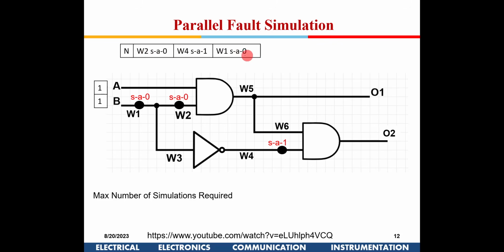This is my parent register. This is how I have done the assignment. This is no fault. This is the next bit, stuck at W2. This is stuck at 4 here. This fault, and this is W1 stuck at 1 here. Right, for these 3 nets.